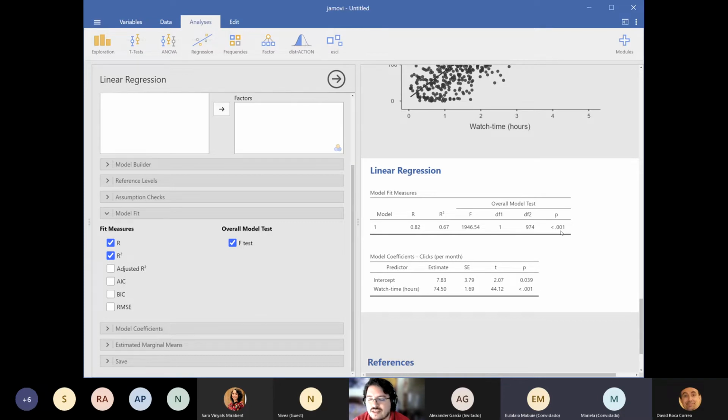But in physics, it's different. In physics, you need smaller p-values to decide that some relation is significant. So that depends on your field, to decide if an observation is significant or not, depending on the p-value. But it's probably safe to say that it's 5% or 0.05.